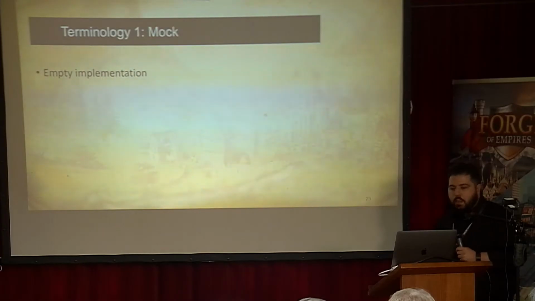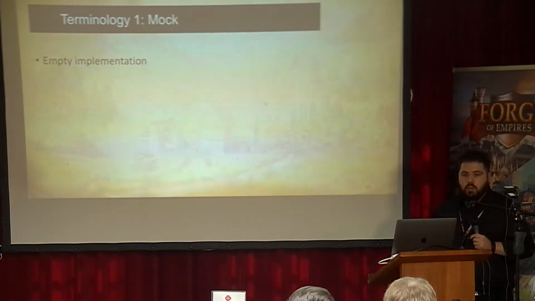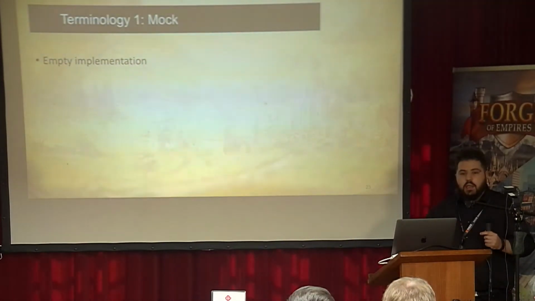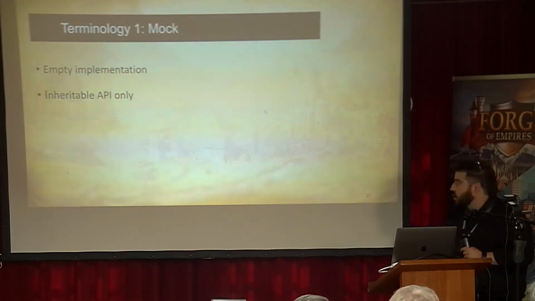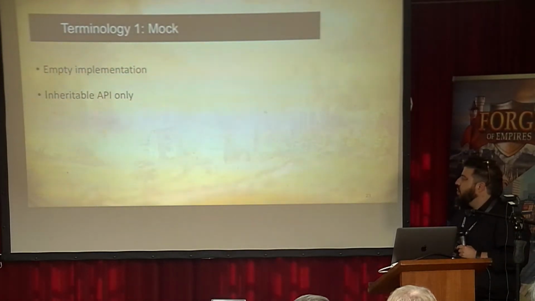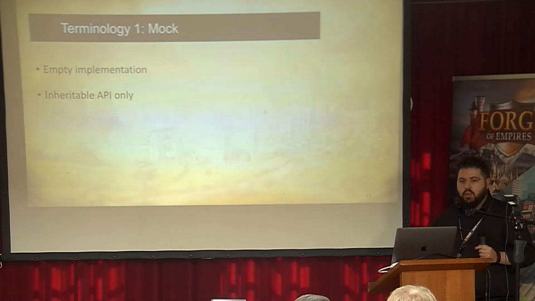Mocks come from the testing cases, and it's more or less the same, except it's an empty implementation. Therefore the dependencies of a mock are minimal, because there is nothing inside except for the API signature. And they only have the inheritable API, which means no privates here, just the public and protected stuff.